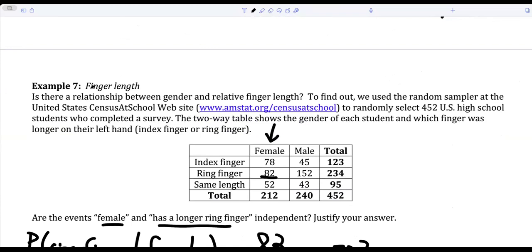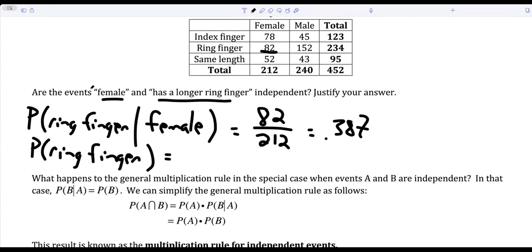So if these two events are independent, then the probability that the ring finger is longer should be the same as the probability of the ring finger being longer, given the fact that they are female. Because if that's true, then the fact that they are female does not affect the probability that the ring finger is longer. Does that make sense?